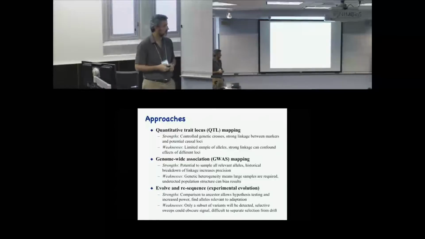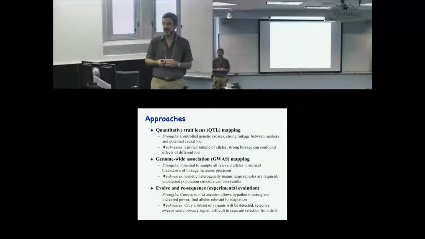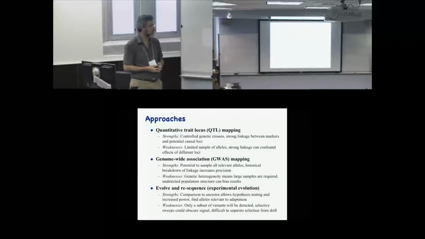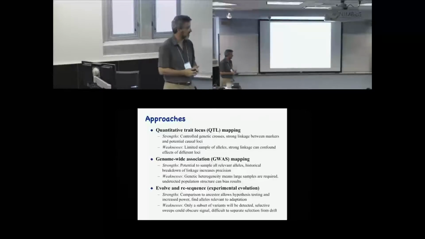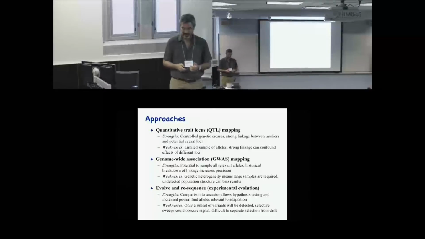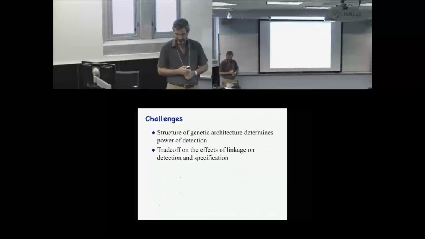The problem is that you'll only be looking at genes that are under selection under your specific circumstances, not all possible sources of variation. And so that's potentially limiting. And also, as we'll see in a second, the genome is large, and genetic drift is really a nasty thing to try to distinguish against.